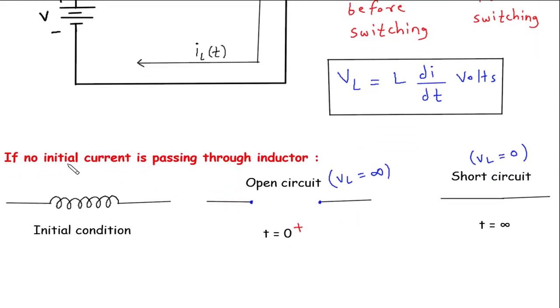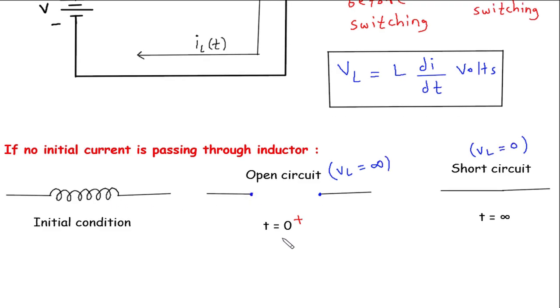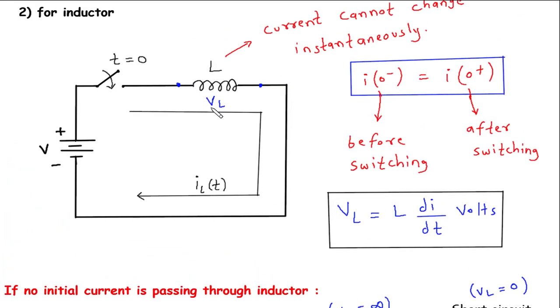Now if no initial current is passing through the inductor, then the initial condition will be like this, and at t equal to 0 plus, that is when the switch is closed, it will act as an open circuit because VL will be infinite.